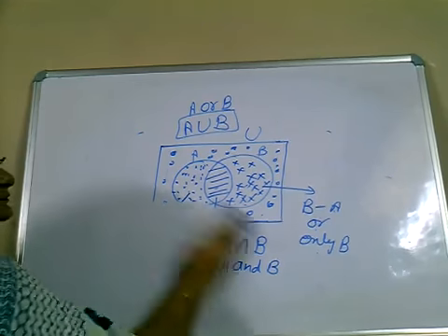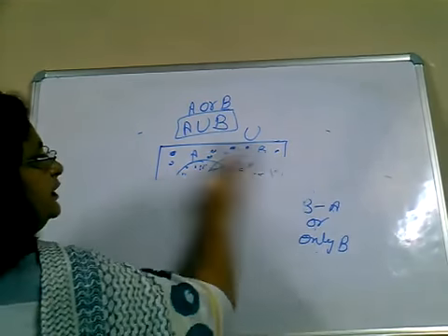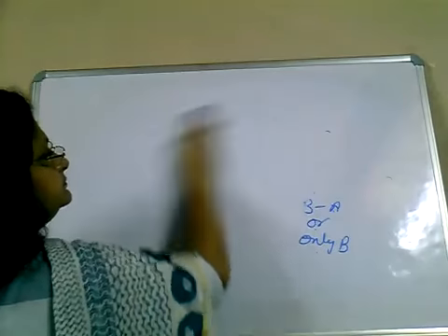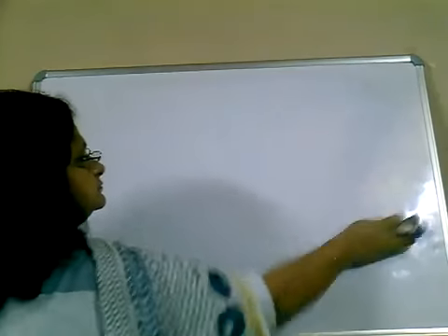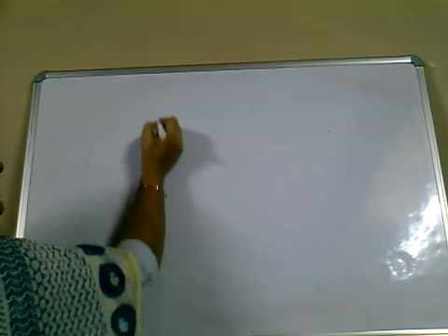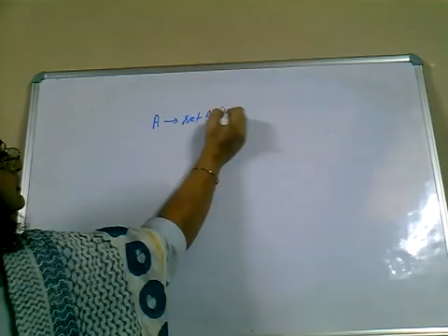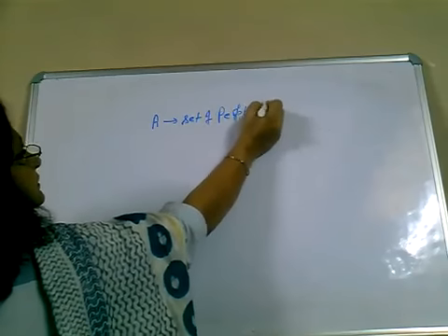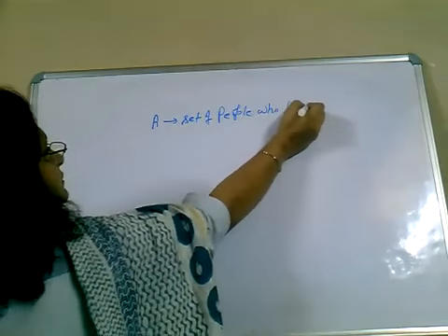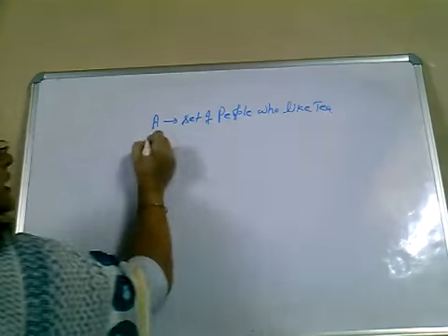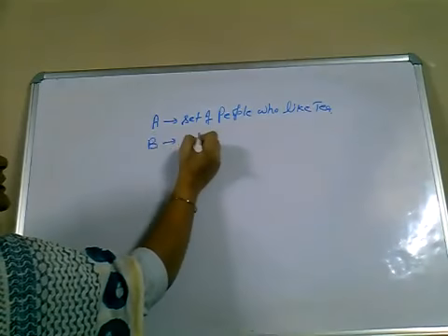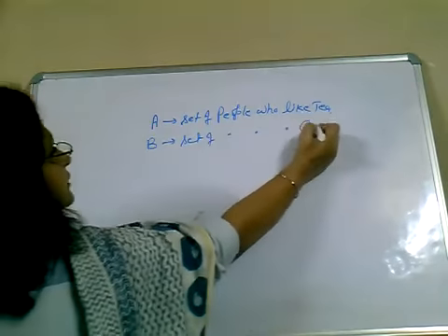Now let's take one example. If we have set A as the set of people who like tea, and B is the set of people who like coffee.